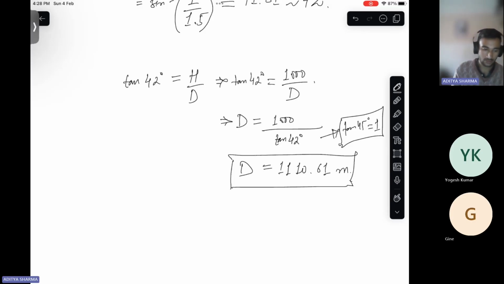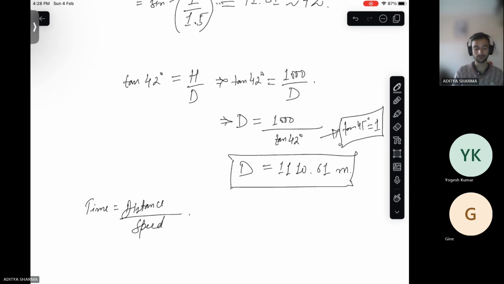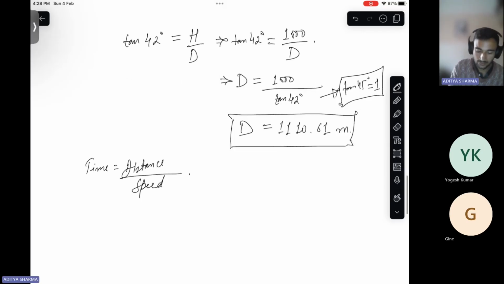So we'll use a very fundamental expression, because we need to find time, and this is the expression for time.